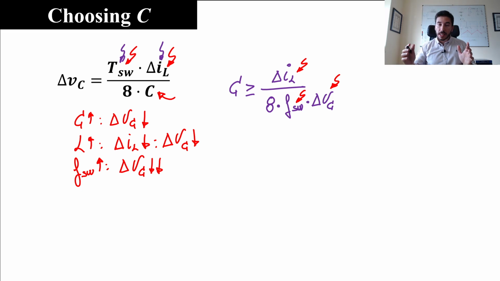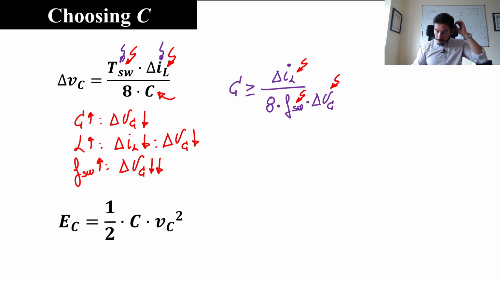Okay, but when we have to choose a capacitor, we need the capacitance and we also need the voltage that the capacitor is going to block. Basically, it is the voltage rating. Why? Because if we have a buck converter, the voltage across the capacitor is the output voltage.